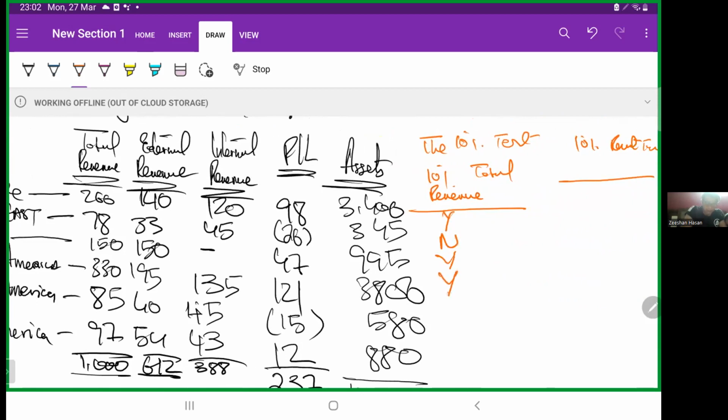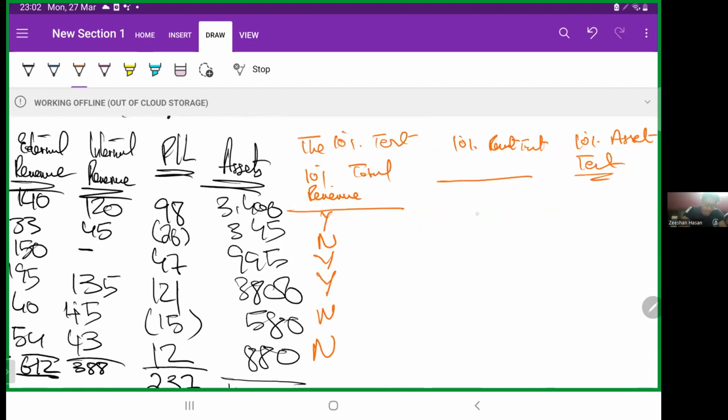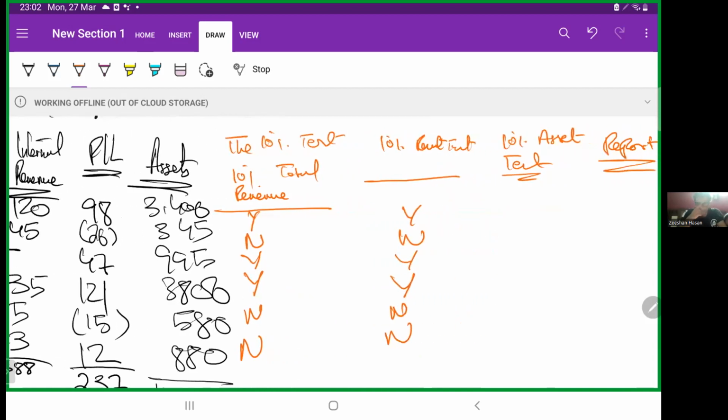Central America and South America, both are not reportable in case of revenue. 10% result test, again, Europe, yes, it's reportable. Middle East, no. Asia, yes. North America, yes. Central America and South America, no, no. 10% asset test, Europe, yes, it's reportable. Middle East, not reportable. Asia, not reportable. North America, reportable. And Central America and South America, not and not.